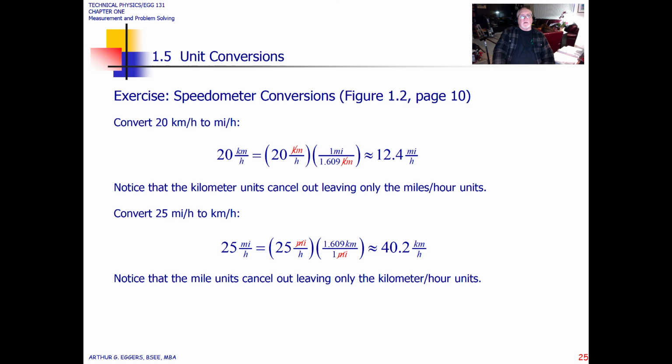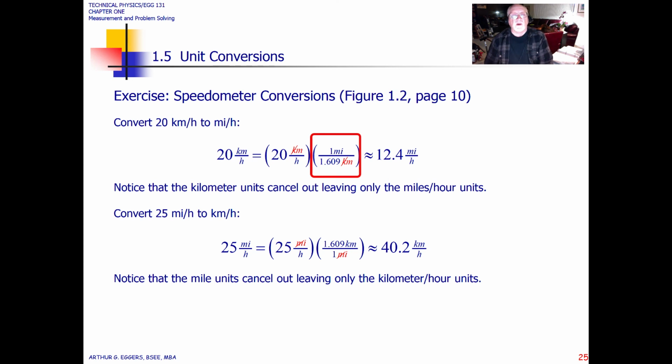In looking at speedometer conversions, convert 20 kilometers per hour to miles per hour. Again, we do the same thing. We start with the term that we were given, 20 kilometers per hour, and we find the conversion. Since we're trying to convert from kilometers to miles per hour, we need to multiply through by the conversion factor: 1 mile is 1.609 kilometers.